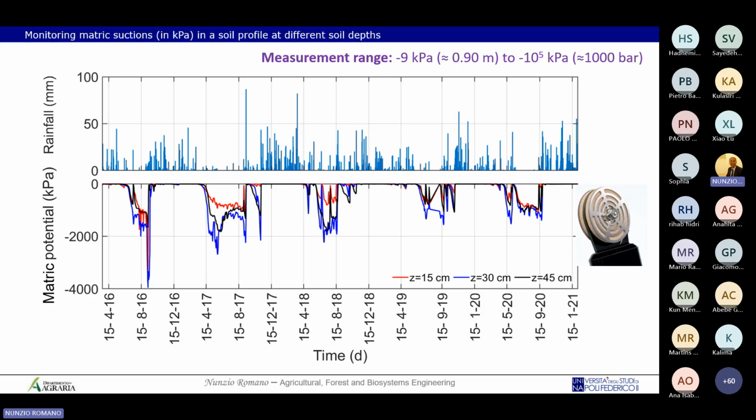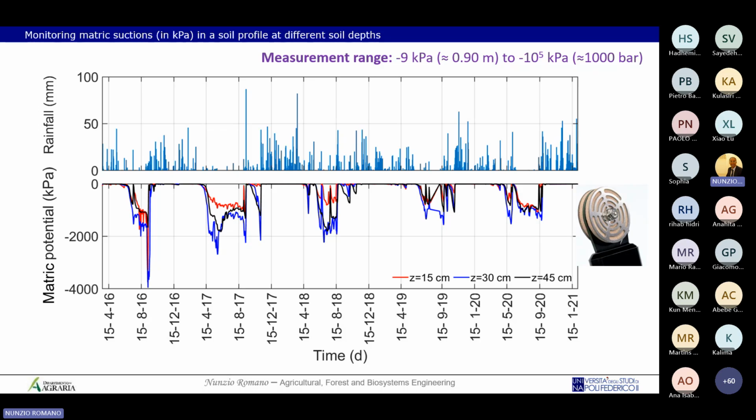You can appreciate that, of course, when there is a rainy period, for example in December 1917, this sensor measures a value of matric potential close to zero, so the soil is almost saturated.